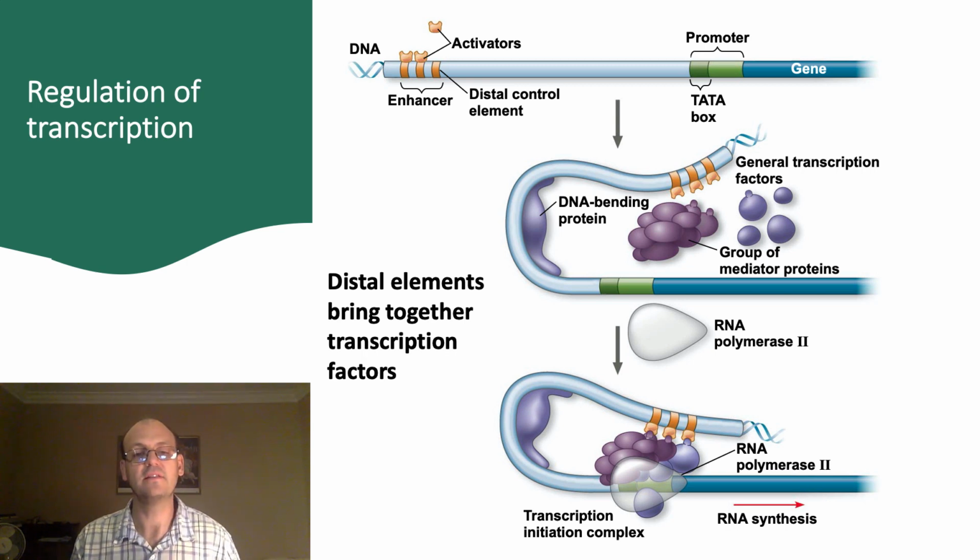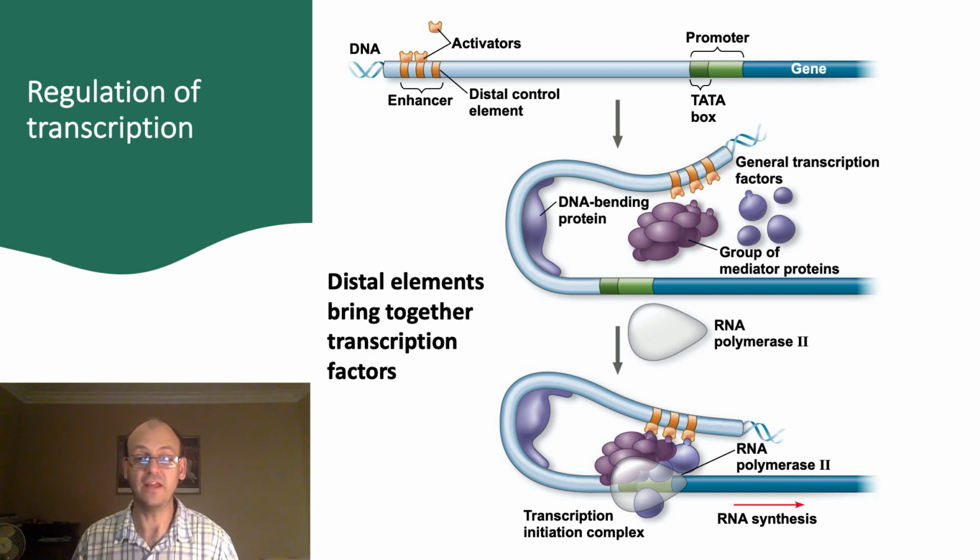Here, you can see that the assembly of the transcription initiation complex is aided by the presence of these enhancers. The enhancer brings together a number of proteins that, working together, enhance transcription frequency. You can see from this model that the distal control elements are expected to be quite far from the promoter.